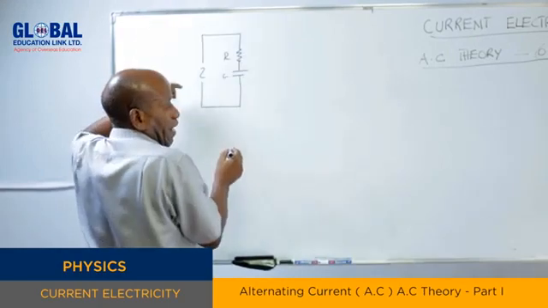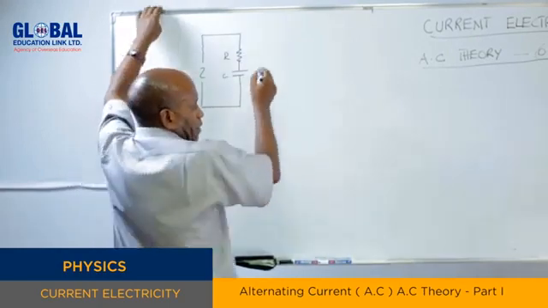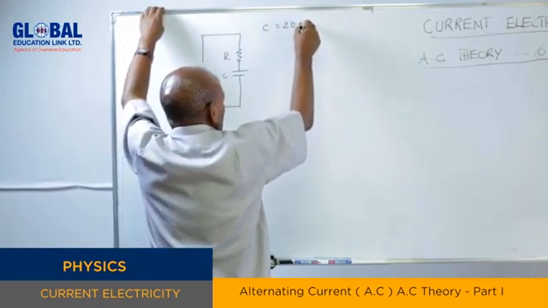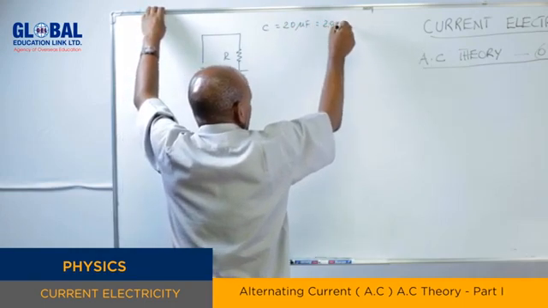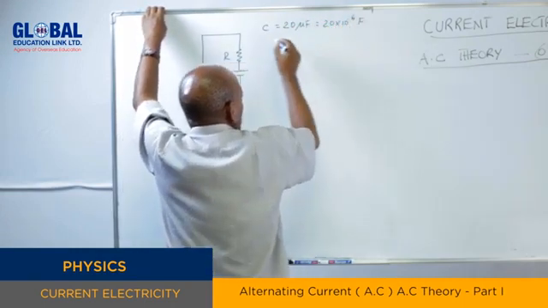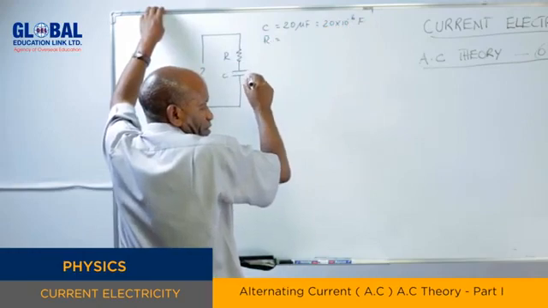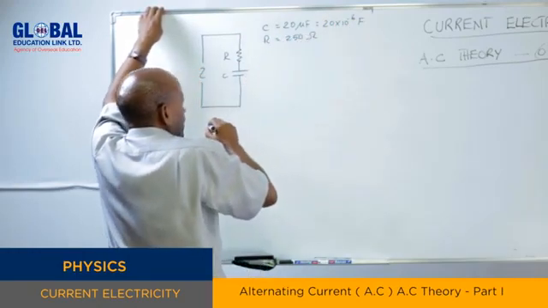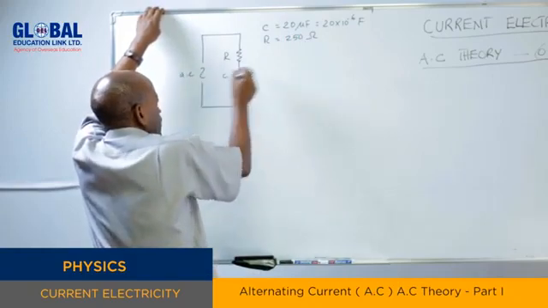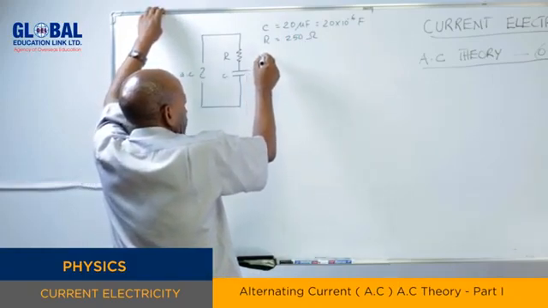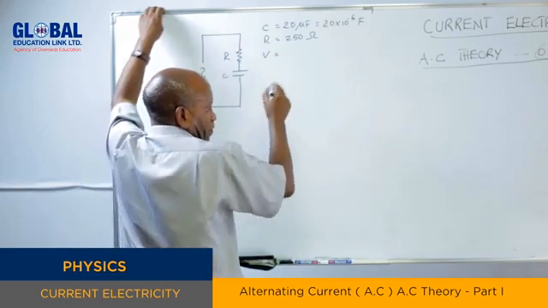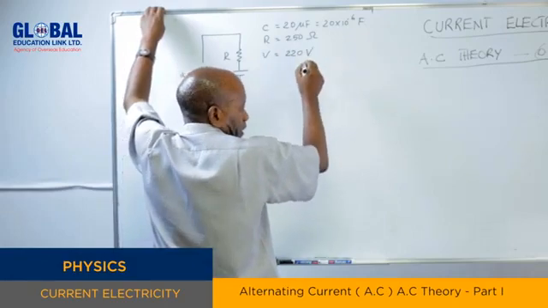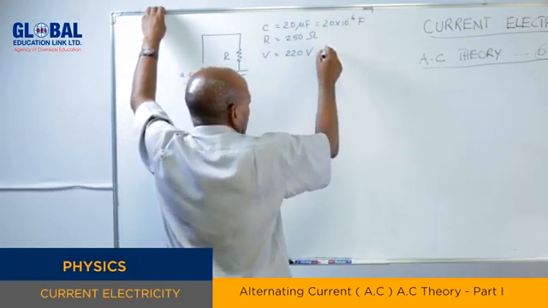We are given the capacitor of 20 microfarad, that is 20 times 10 power minus 6 farad, and the resistor of 250 ohms. And our AC supply voltage is 220 volts and 50 hertz.